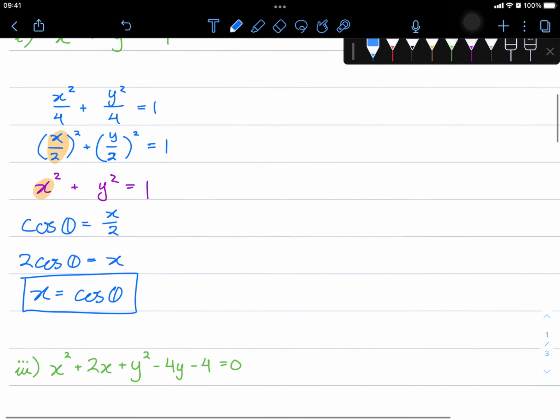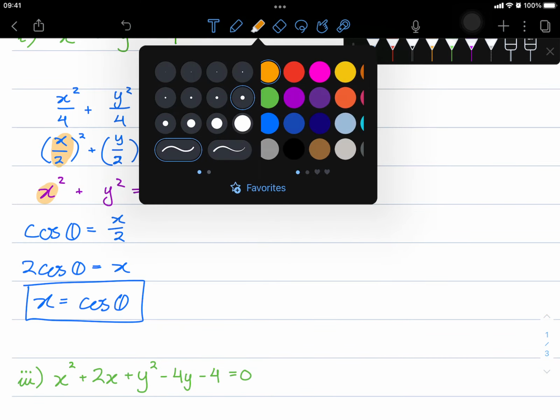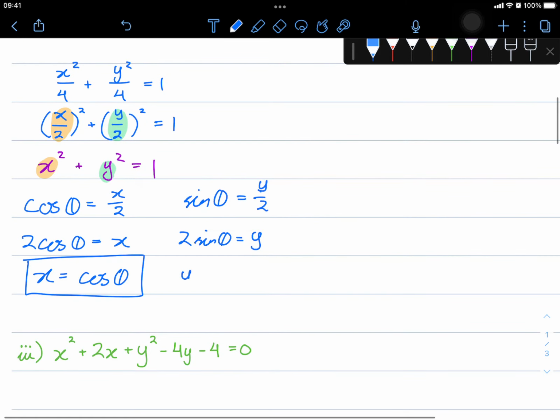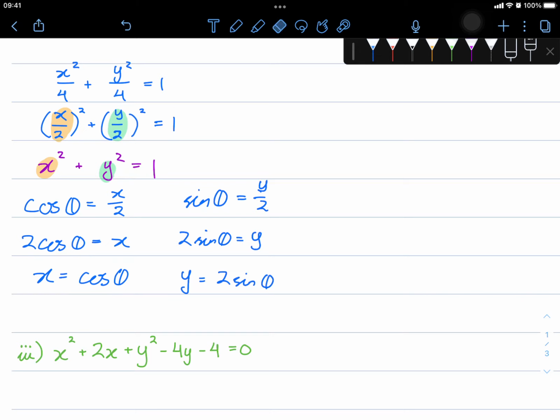We're going to do the same thing for y. Let's grab a different color just so you can see it. All of that is now going to be y squared. And since sine is y squared, we can say sine theta is equal to y on 2, multiplying by that 2. 2 sine theta equals y, or y equals 2 sine theta.